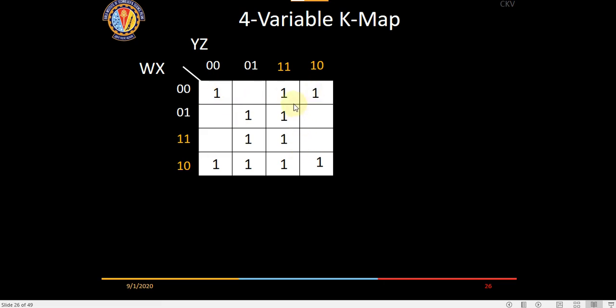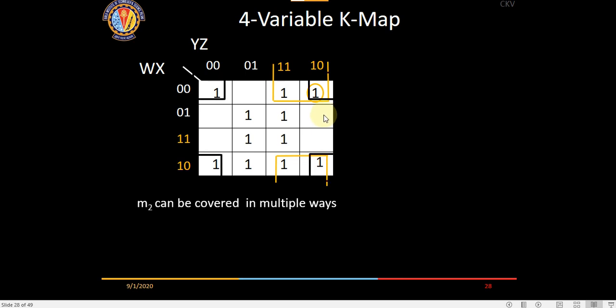Similarly, we go here. For this, one 4 is possible here. The second 4 is also possible. Okay, so in the third case, one 4 is possible this way. Again, the second 4 is also possible.